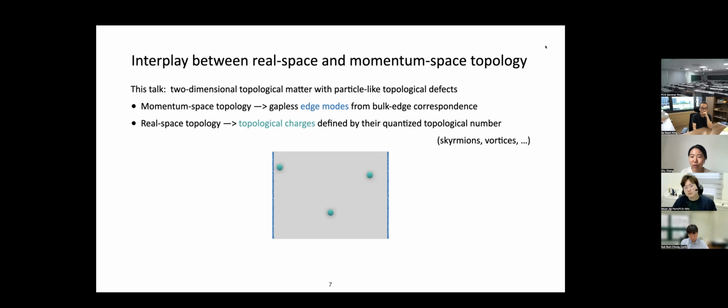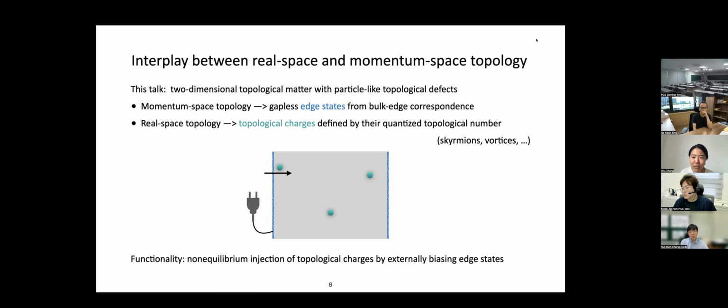So for example, skyrmions and vortices, etc. And let's imagine an external bias is acted on the edge state. What happens to the interplay between the edge state and topological charges in the bulk?